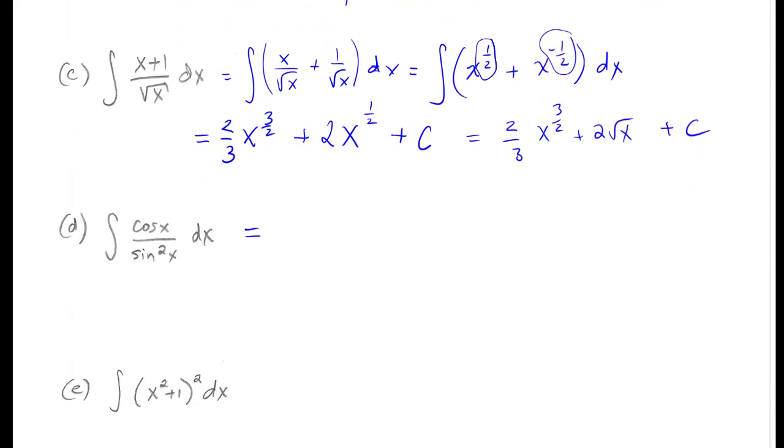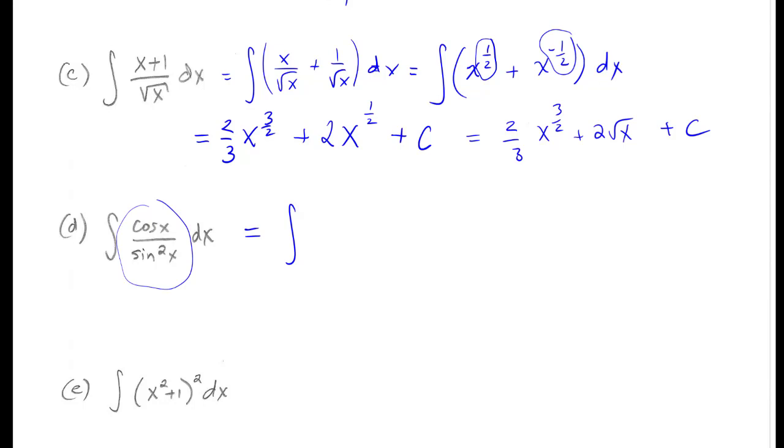Integrate cosine over sine squared x. Well, again, if it doesn't look to me like anything that I recognize as the derivative of something, then there's more to be done. So with something like this, I'd have to play around with it. I'd have to say, okay, well, maybe I just don't see it. So what if I split the sine squared down there?